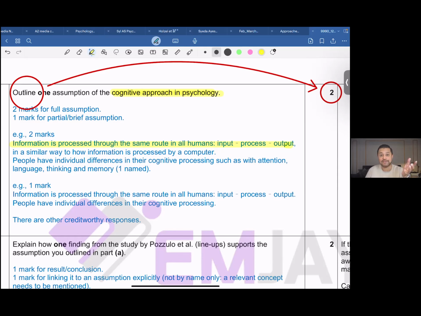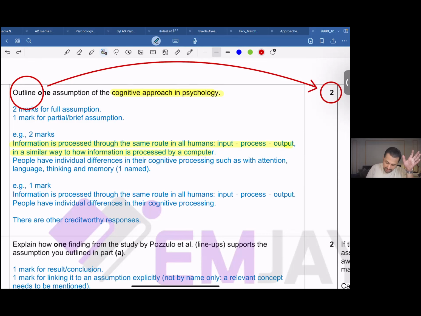This I'm sure you studied in grade 6, grade 7 in computers, in a similar way to how information is processed by computers. So what we're talking about over here is information processed in humans as compared to information being processed in computers. Okay.